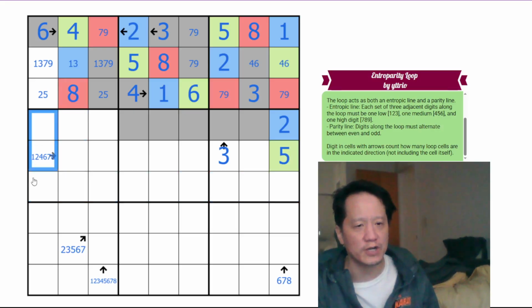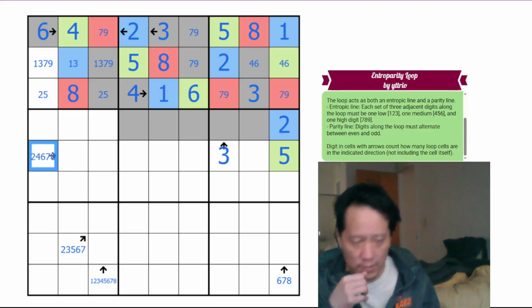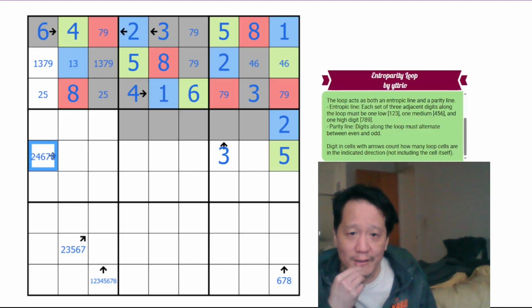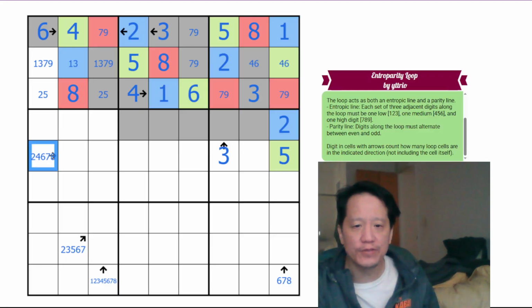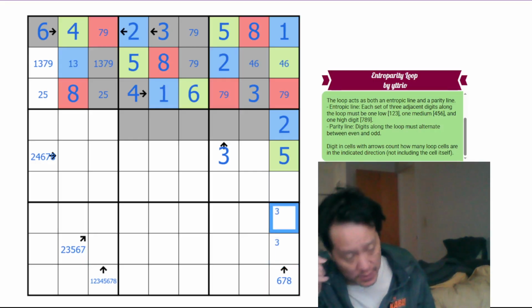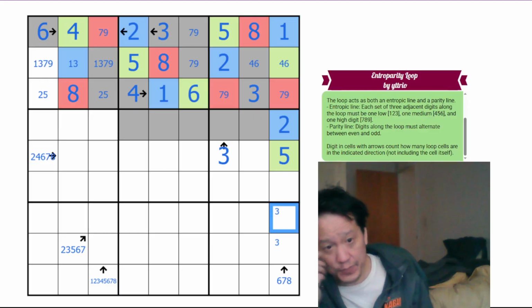So therefore, it would exit out this way, but then this would be high, medium, low, high, and so couldn't be 1. So this cannot be 1 here. 3 has to be one of these 2 digits here in column 9.